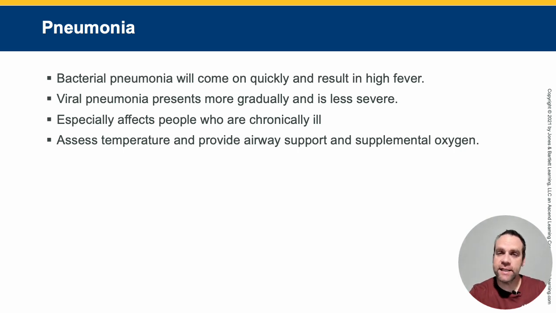So as an EMT, your priority is to provide airway support and supplemental oxygen, even if the patient's oxygen saturation is borderline. You want to assess breath sounds, observe for signs of fatigue or labored breathing, and be ready to assist with ventilations as indicated. But really, early recognition and prompt transport can significantly improve outcomes, especially in these high-risk populations.